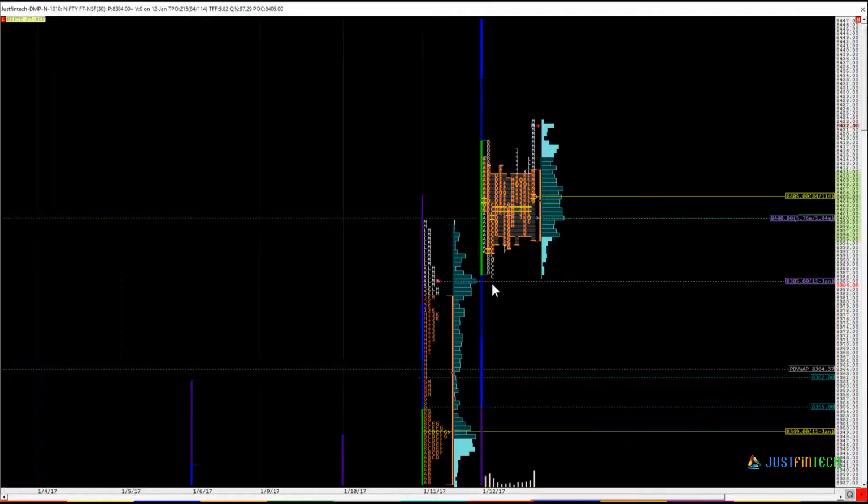So what I'd expected is it pushes through this high volume node, repairs this anomaly into the 77-75 kind of zone, and then pushes back up and either finds consensus above the range or trades above the high of the day.